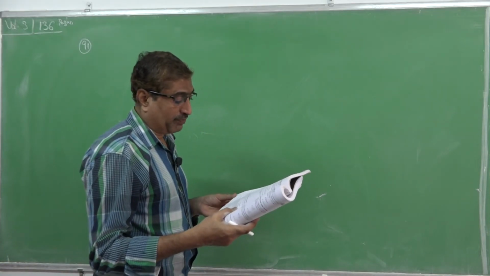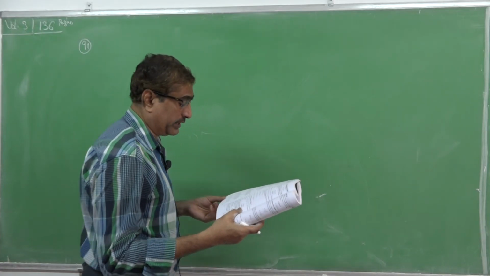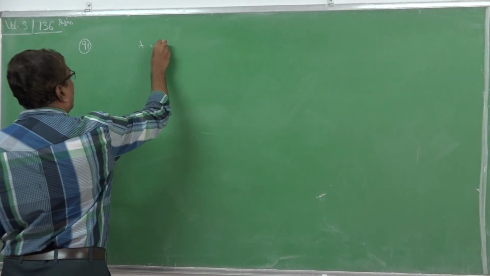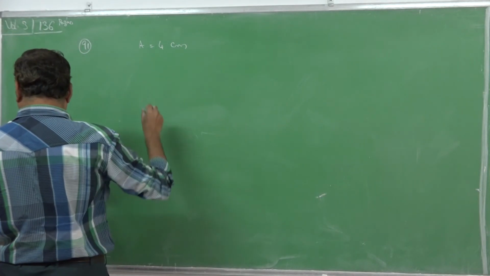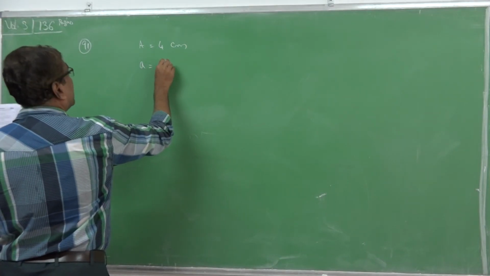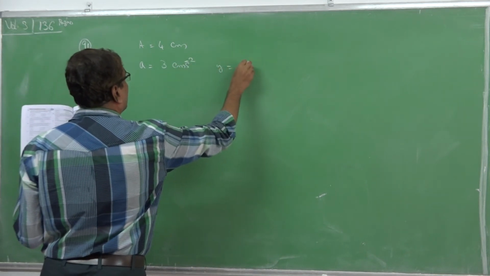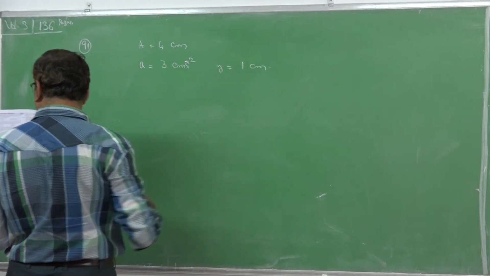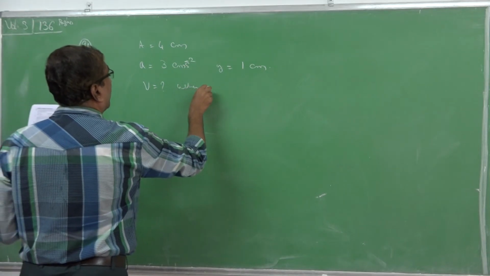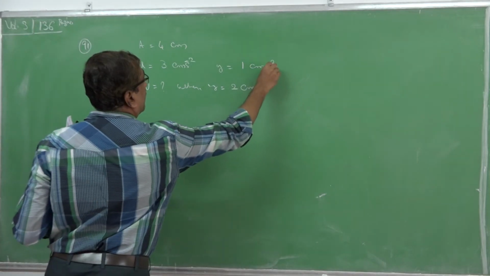Its velocity when it is at a distance of 2 centimeter from its mean position is, okay. Given the amplitude of oscillation is 4 centimeter and its acceleration is 3 centimeter per second square when the displacement y is 1 centimeter from mean position. So you have to calculate v when y is equal to 2 centimeter from mean position.